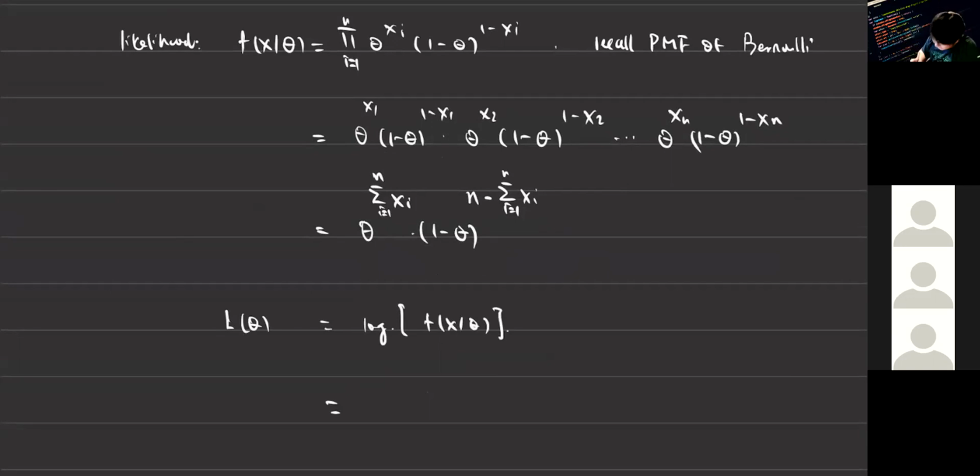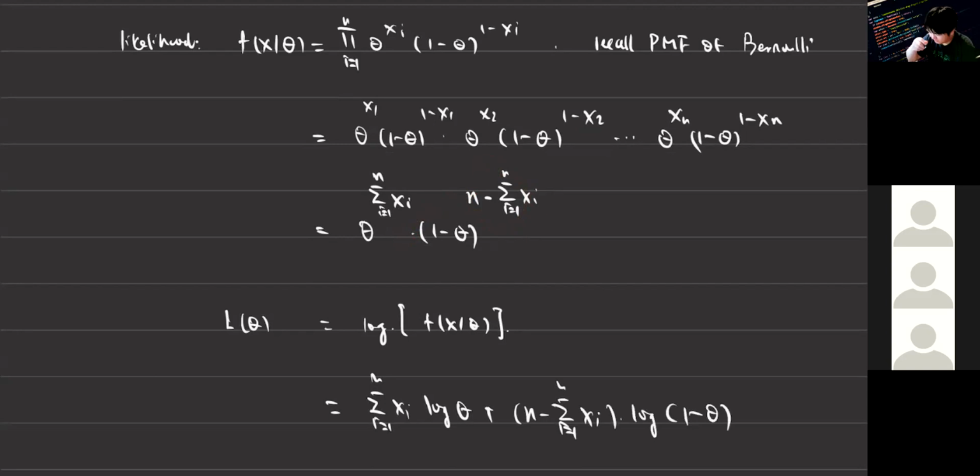So you expand it. So that's going to be summation i from 1 to n of xi log theta plus, this power term comes up here, so that'll give you n minus summation i from 1 to n of xi, times log of 1 minus theta.